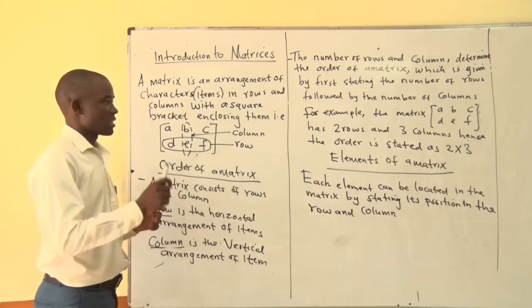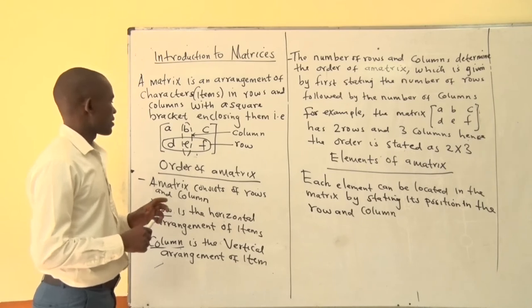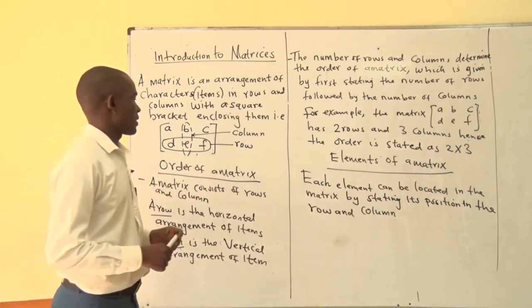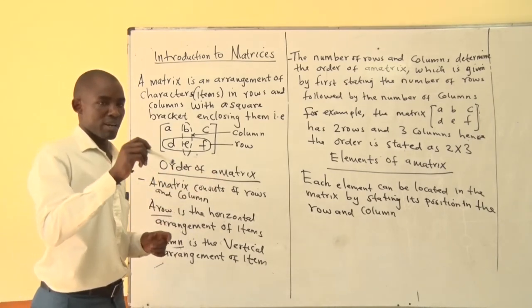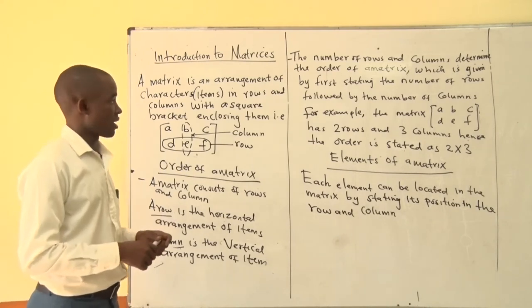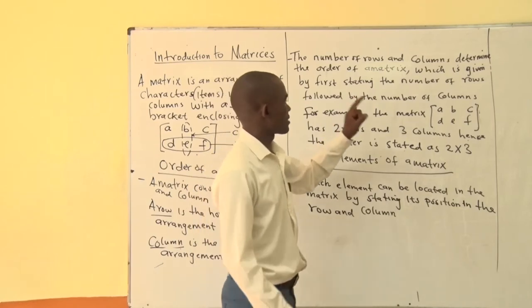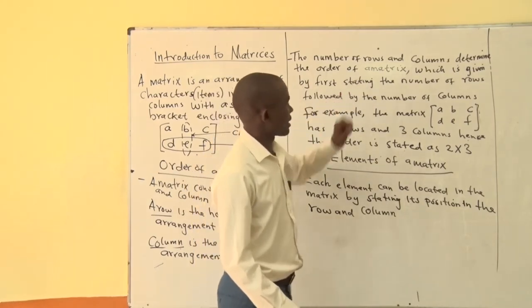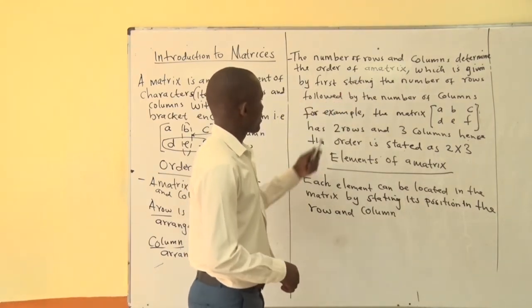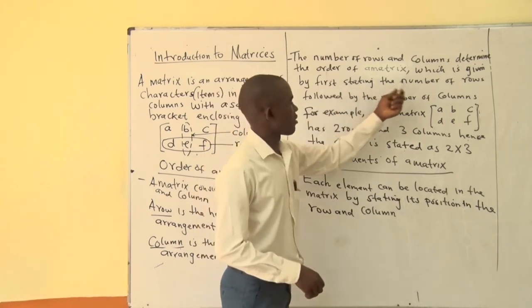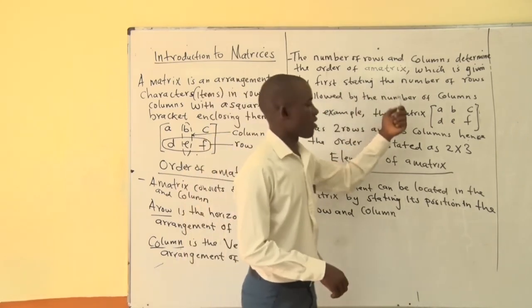For you to state the order, you start with the number of rows in that particular matrix, followed by the columns. That is why we are saying the number of rows and the columns determine the order of a matrix, which is given by first stating the number of rows, followed by the number of columns.